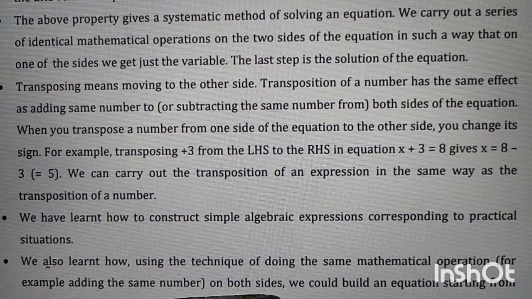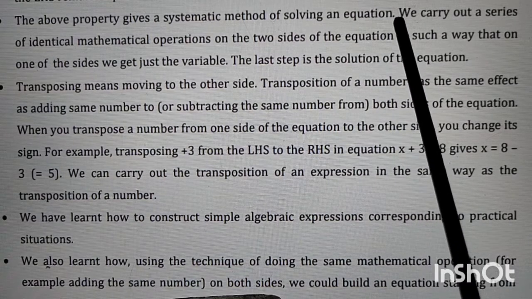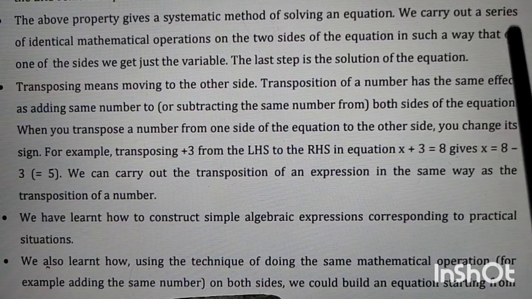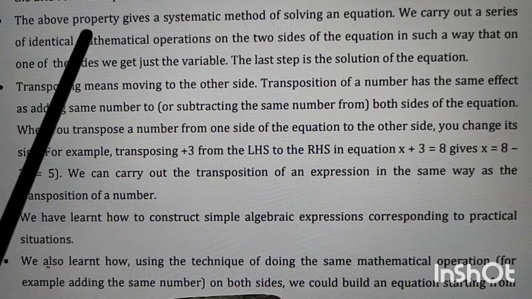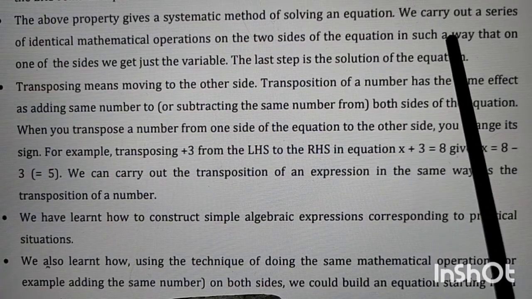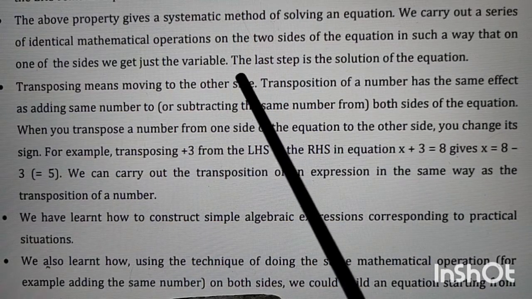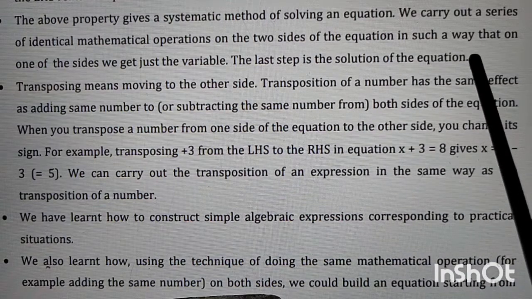So next, the above property gives us a systematic method to solve an equation. There is a rule to solve an equation. We carry out a series of identical mathematical operations on both sides of the equation in such a way that on one side we just get the variable, and the last step is the solution.